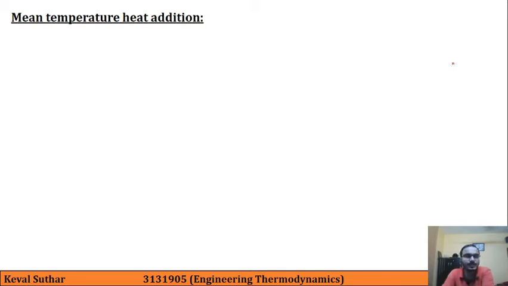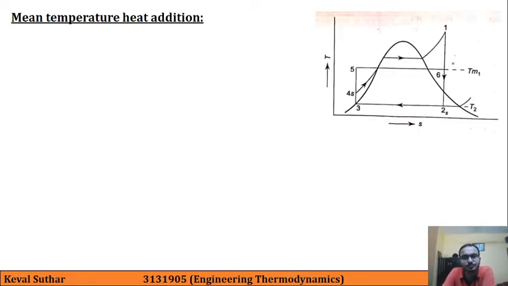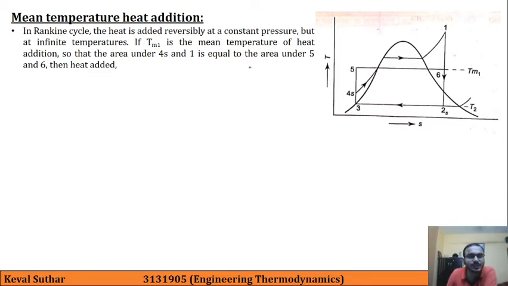Now our next topic is mean temperature of heat addition. So here in case of Rankine cycle, as we have seen, the heat is added reversibly at constant pressure, but at infinite temperatures, that is the temperature keeps on changing.